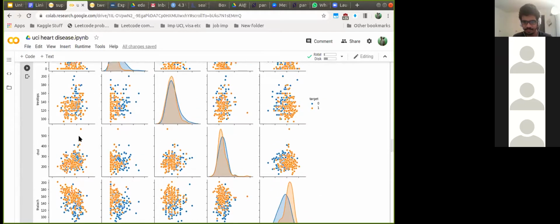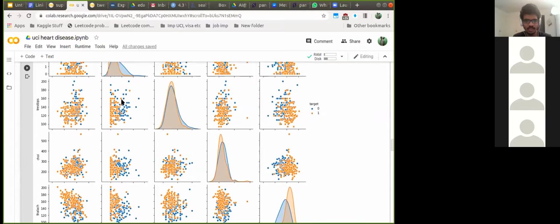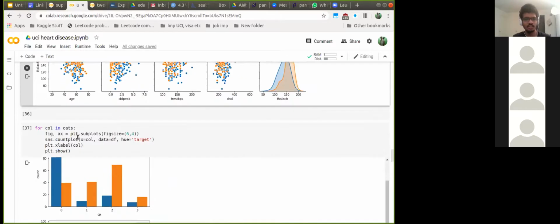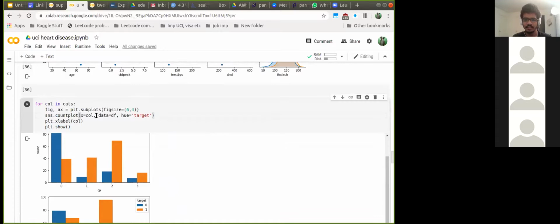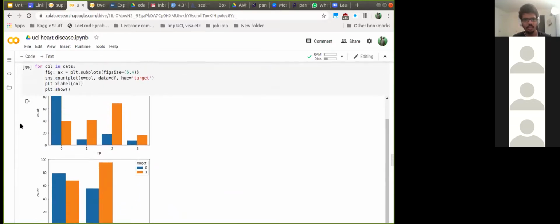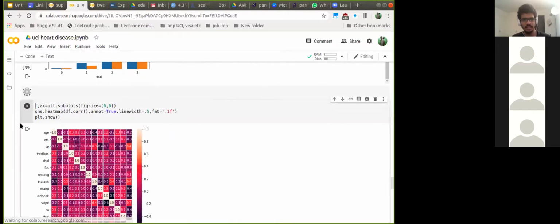There seems to be some relation between trestbps and oldpeak, which separate the data. These are some of the things we can glean. This is again a count plot, and a heat map.